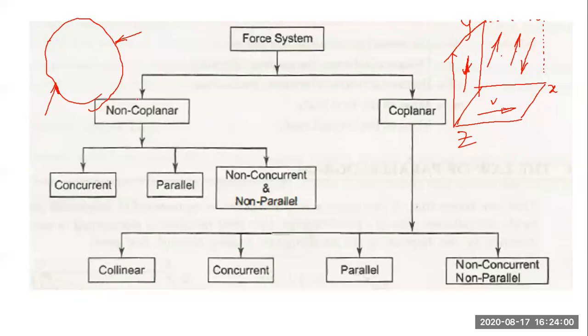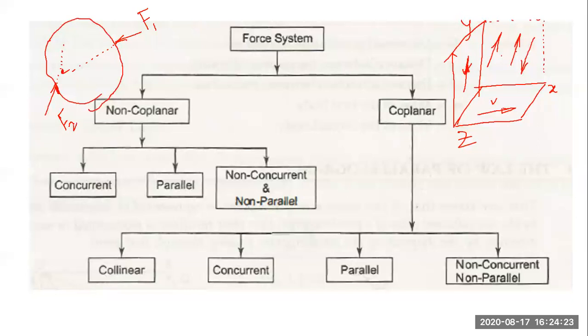Similarly, I can extend this along its line of action. So they will meet at one point. So I can say these two forces, F1 and F2, are concurrent.